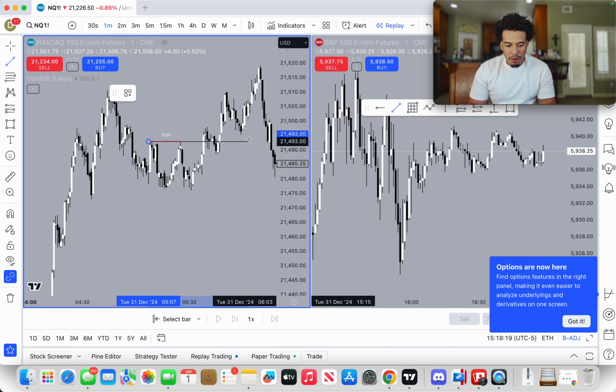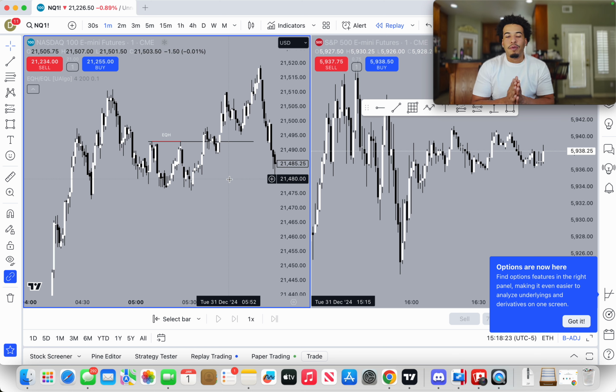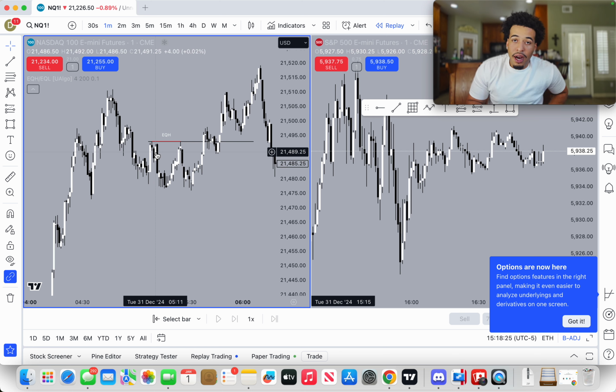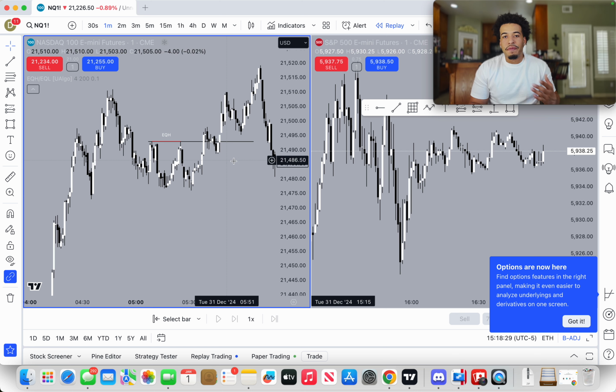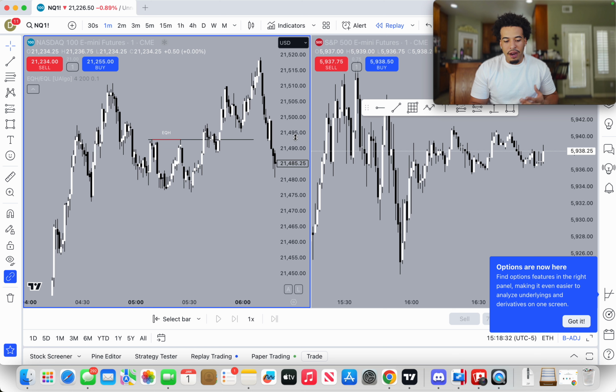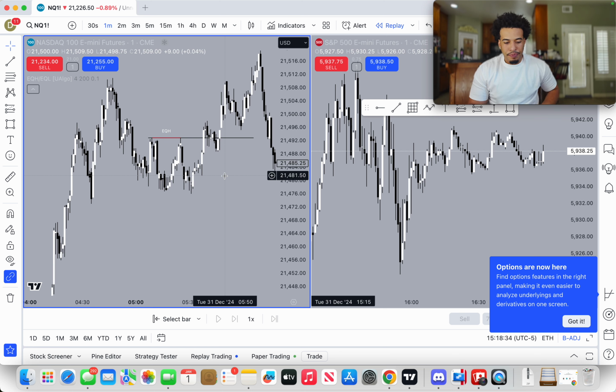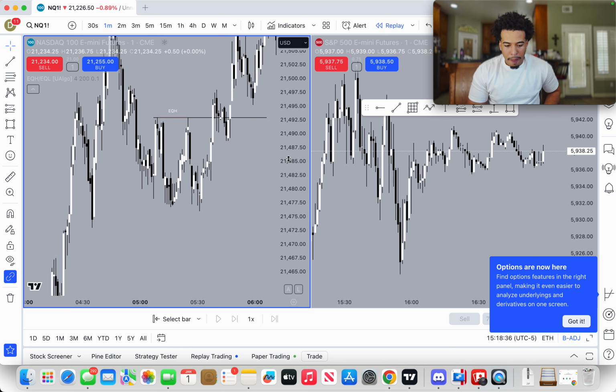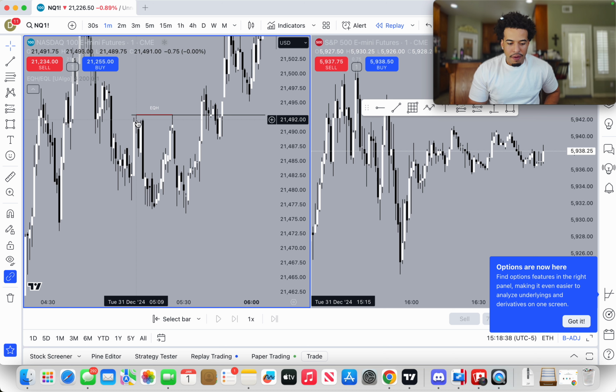So we have these equal highs right here, right? So why are these equal highs important? Because liquidity. To match this up with the last video, you guys have an understanding of what liquidity is and how orders need to get filled, right? Okay. So we have this level right here, right? Boom. High.